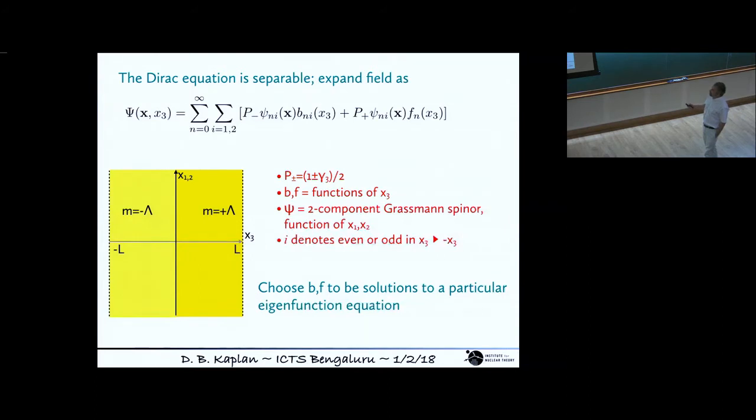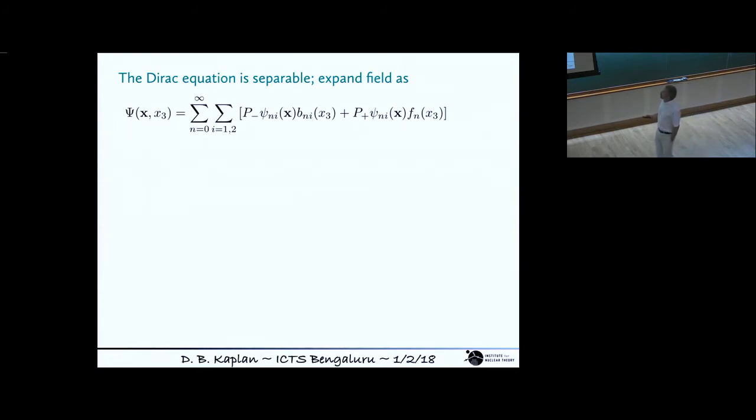They are labeled by n and I will denote the parity under the x3 to minus x3 symmetry when I've cut open my cylinder here. So I guess 1 is even and 2 is odd. And then n will be the whole tower of modes that I get when I look at eigenfunctions here. Now, in particular, I'm going to choose a complete set of eigenfunctions, b and f, to be solutions to a particular eigenfunction equation.